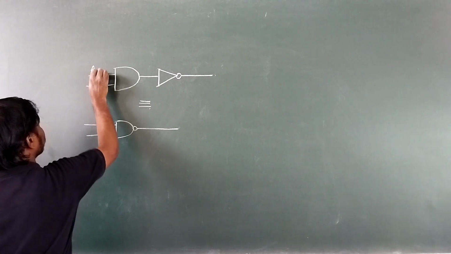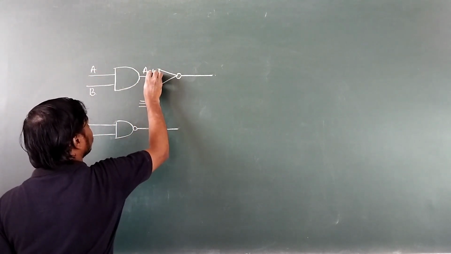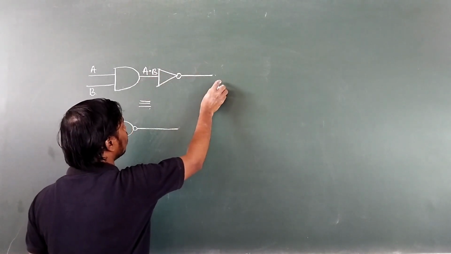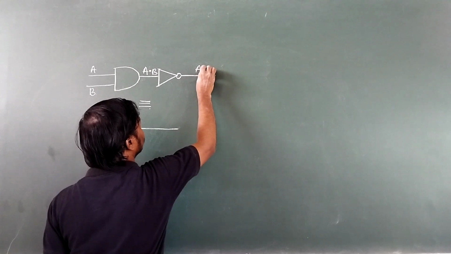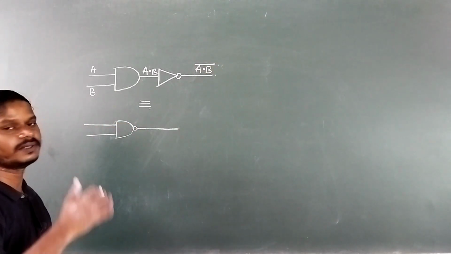Here it is input A and input B, and it is A and B. A and B is the input for the NOT gate, then the output of the NAND gate will be the complement of A and B. Otherwise you can read it as (A and B) bar.